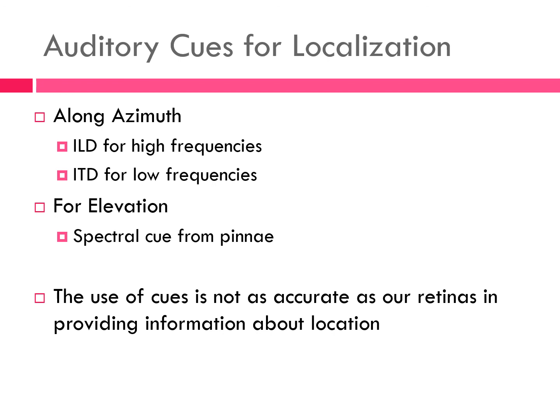And for elevation, we're really using a spectral cue. It's a monaural cue. We really only need the one ear, as long as that's on that side of the azimuth, and that's then going to tell us about elevation. And it's really because the specific folds of our pinnae are producing the specific spectral cue that we experience.